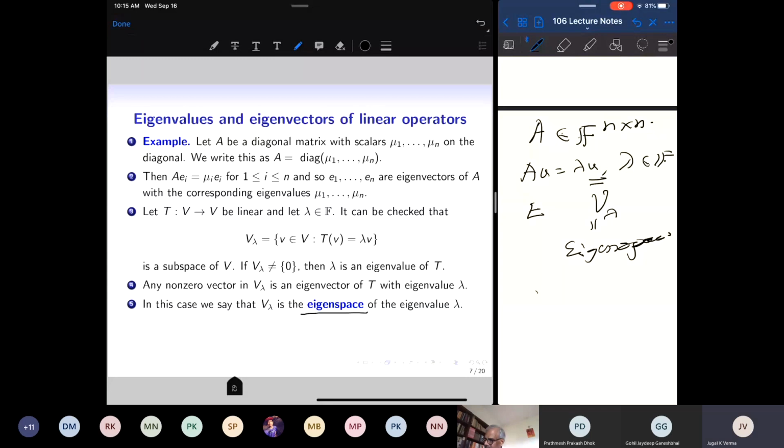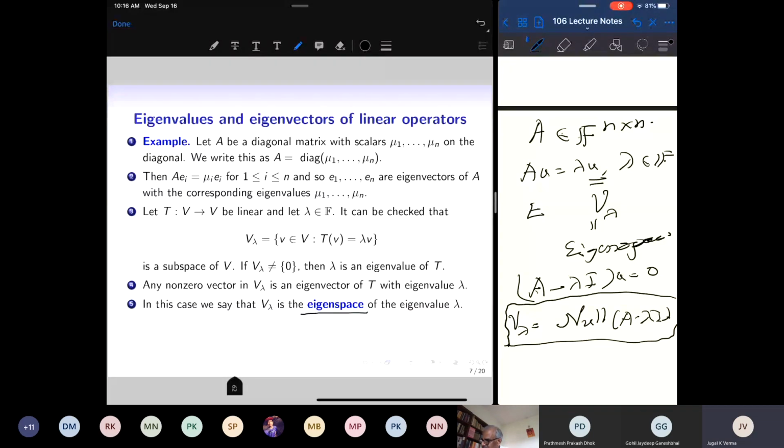And we know that it consists of all the vectors so that (A minus lambda I)u equals 0. And therefore, the eigenspace is simply the null space of the matrix A minus lambda I. If it contains a non-zero vector, then we say the eigenspace is the null space of A minus lambda I.